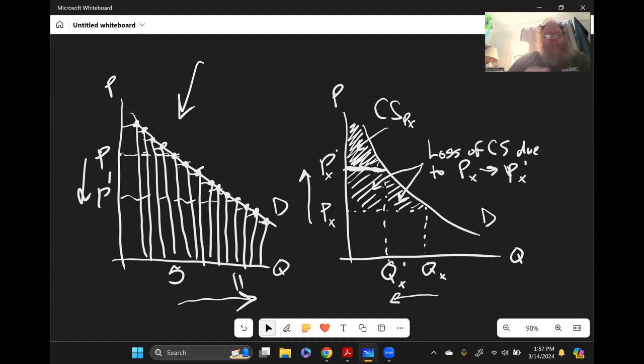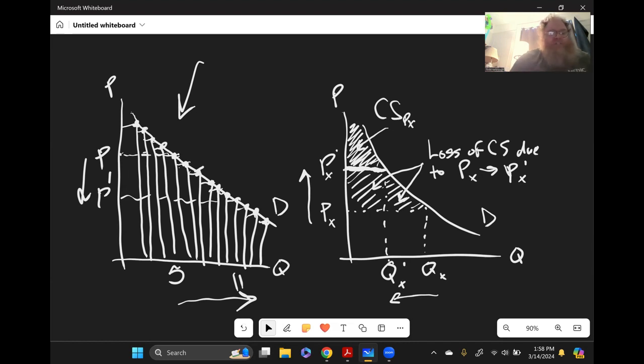So you can basically think about taking the concept of a reservation price at the individual level, and then imagine that there are groups of individuals out there, and there are people who have very high reservation prices for the goods, and there are people who have very low reservation prices for the goods. And depending upon the price, that's going to determine who buys the good and who doesn't, right?